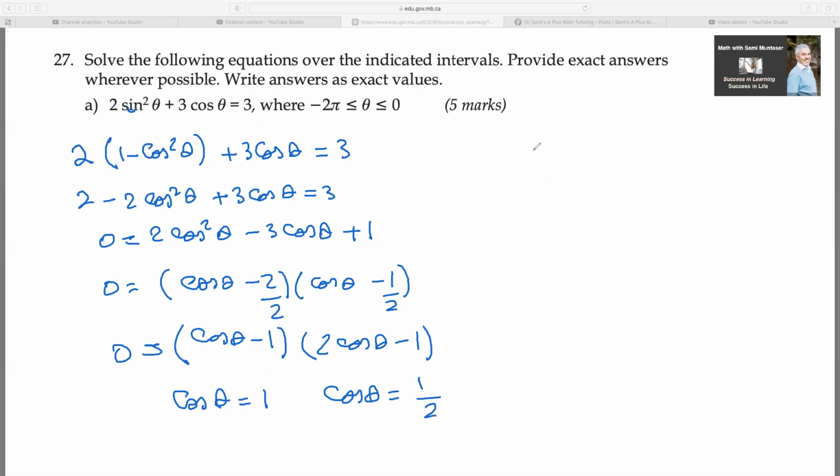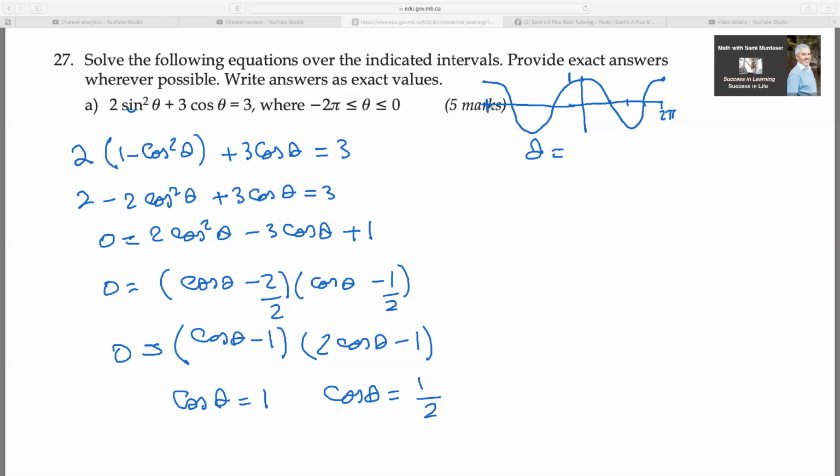Now, to find theta, for the 1, you're going to look at the cosine wave. You must remember the cosine wave, because you do graphing on these kinds of exams or tests. So 1, pi over 2, pi, 3 pi over 2, 2 pi right here. And since it's between -2 pi and 0, we should be looking on this side, so the graph continues that way.